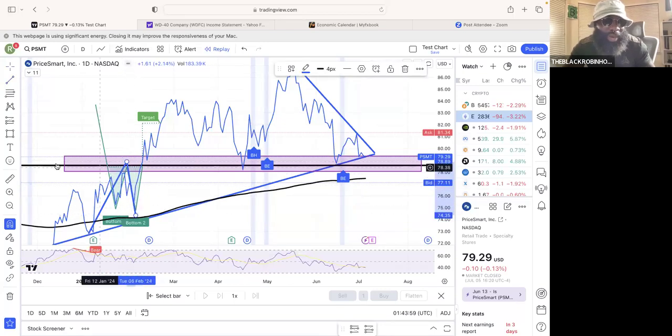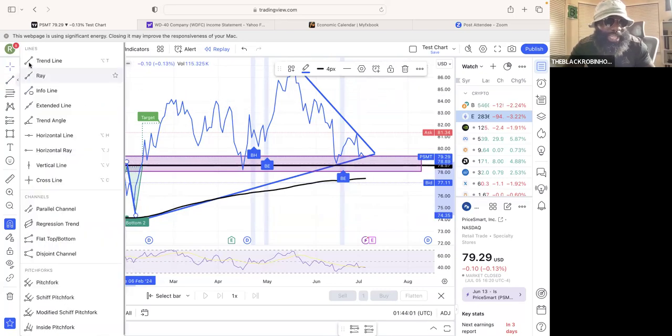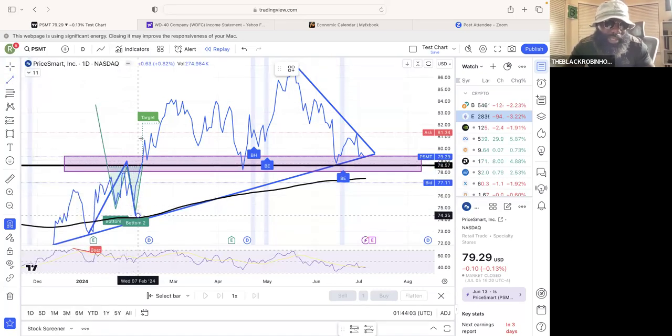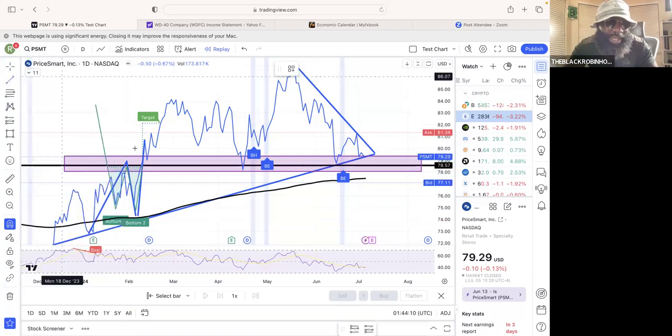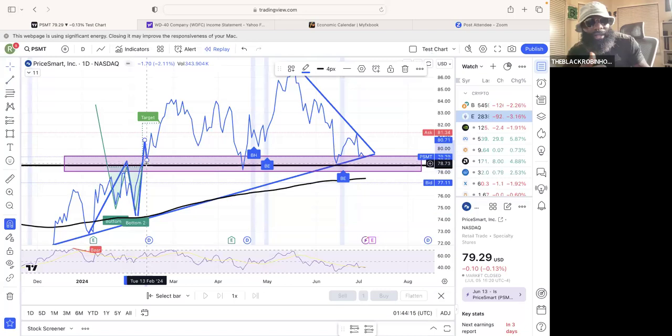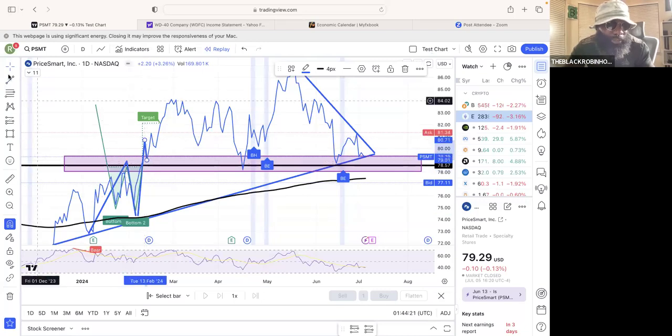And then finally, it gathered momentum and it broke that ceiling. But after it broke that ceiling, it came down to retest that zone again. So the resistance flips to support. It broke the ceiling and now the ceiling becomes a floor.